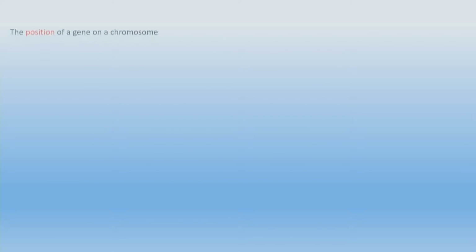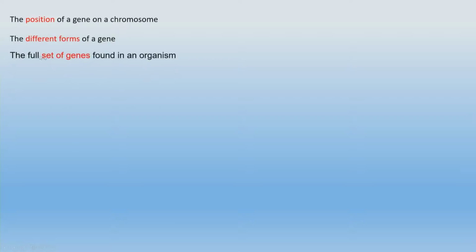So if we look at a few of these definitions that I always ask on genetics, or one word biological terms: the position of a gene on a chromosome is called the locus or the loci. The different forms of a gene is called the allele. The full set of genes is the genome, also a favorable question that is asked. Different forms again, it's allele.